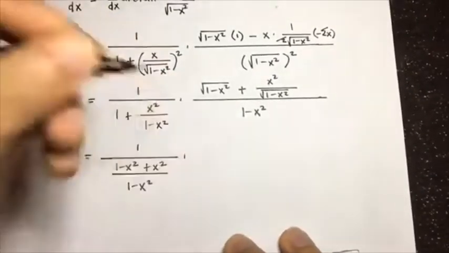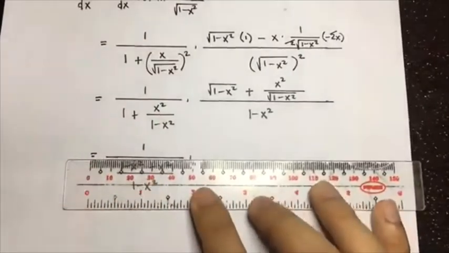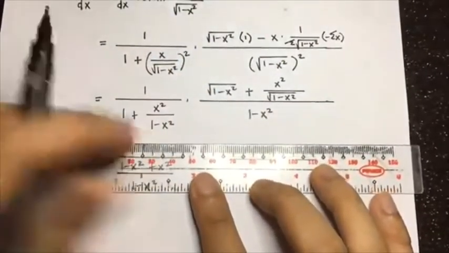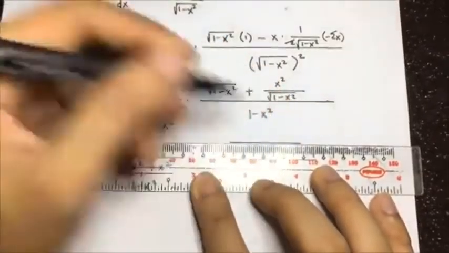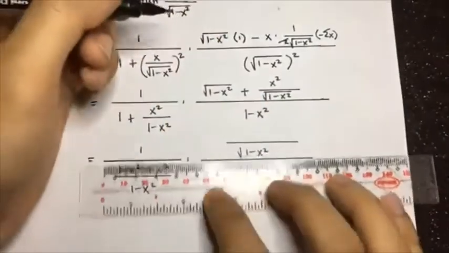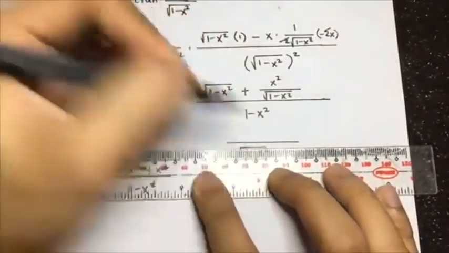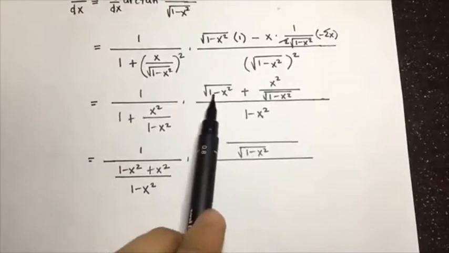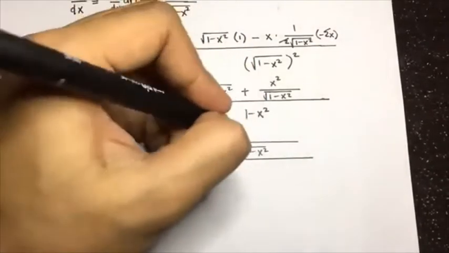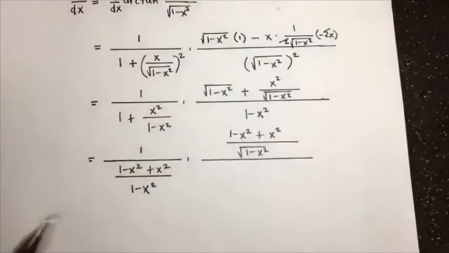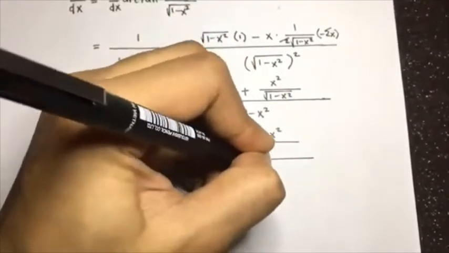Okay, multiplied by, we should also add the numerator here, so the least common denominator is square root of 1 minus x squared. Okay, so square root of 1 minus x squared divided by 1 times square root of 1 minus x squared, so it will be 1 minus x squared, and then plus x squared over 1 minus x squared.